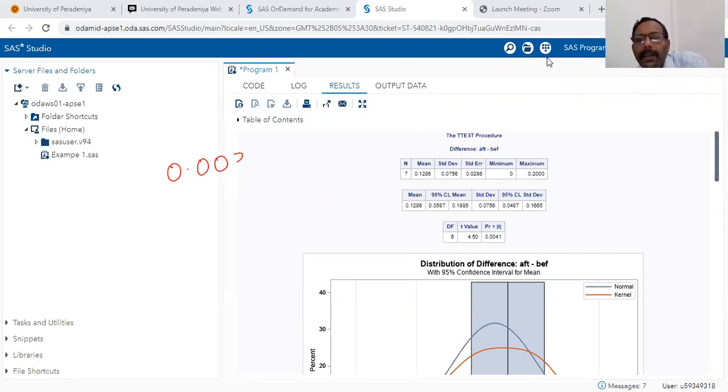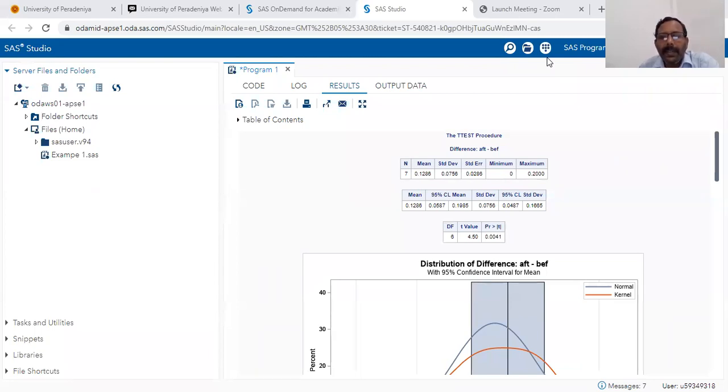Is it only 1 zero? No, there are 2 zeros. Yes, I wrote like that. Sorry, sorry. Right. Okay. It doesn't matter. So here, because it is less than the alpha, no problem. As long as it is less than the alpha, no problem.